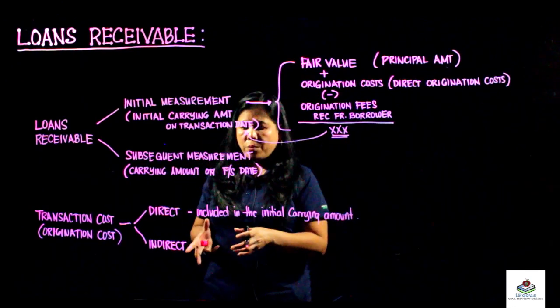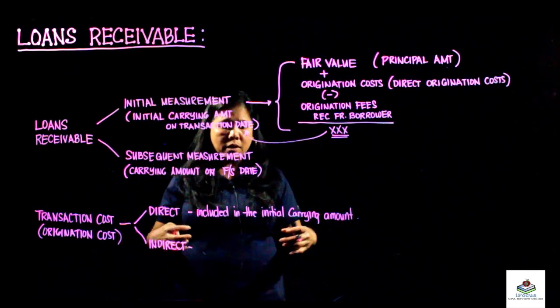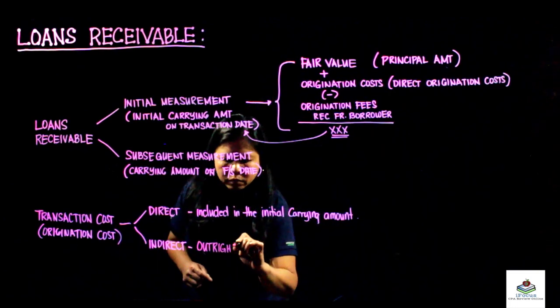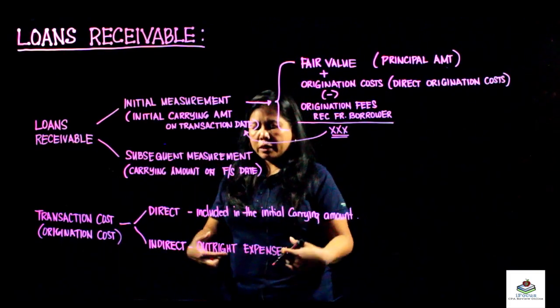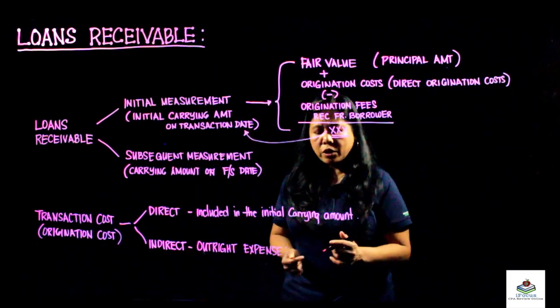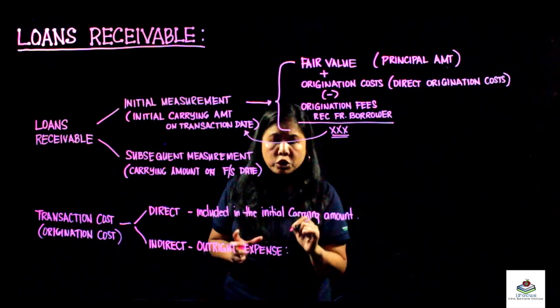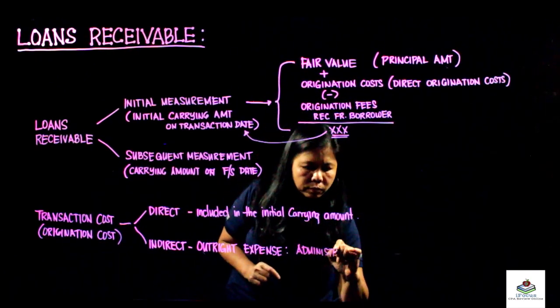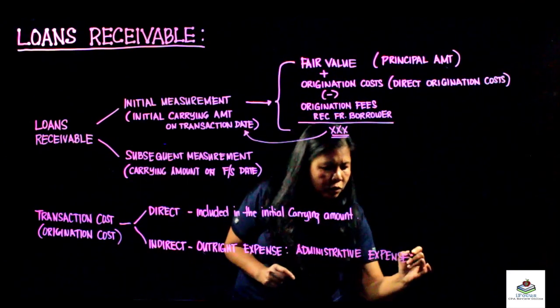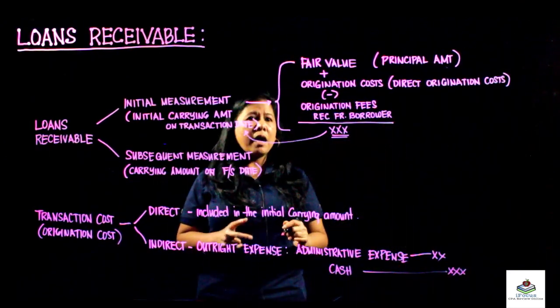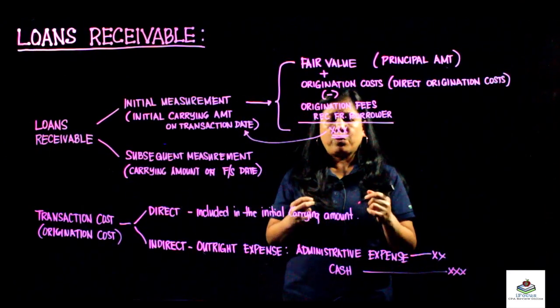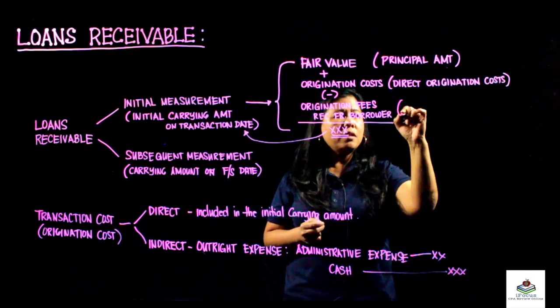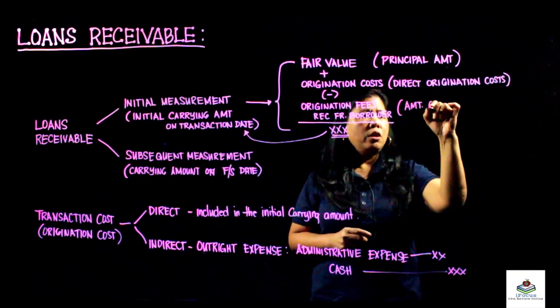While the indirect origination cost is an outright expense. Once we expense this, our entry will be a debit to administrative expense and a credit to cash. And the origination fees received from the borrower is the amount charged to the borrower.